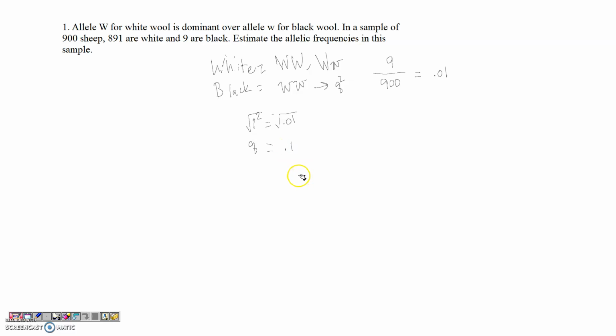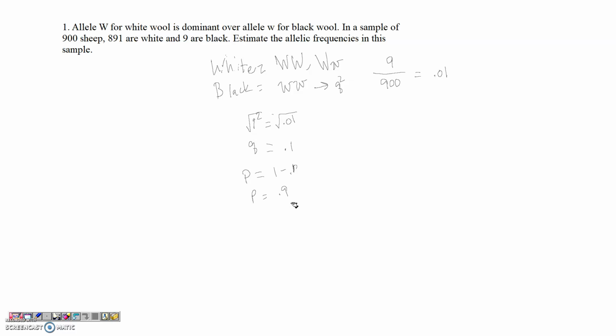So I know that in that population of 900 sheep, 10% of the alleles are going to be the black allele. Now I can figure out p, because remember p plus q equals 1. So p is going to be 1 minus 0.1, which is 0.9, or 90%.